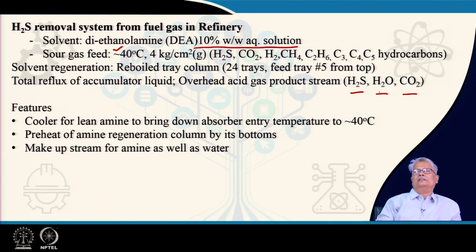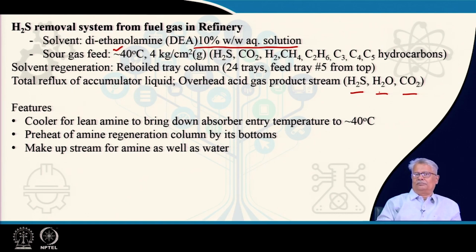You will notice in the scheme presented immediately after this that there is a cooler for lean amine. It brings down the absorber entry temperature to around 40 degrees centigrade, which is very close to the gas supply temperature. In fact, during absorption the amine temperature rises slightly, possibly to around 45 degrees centigrade.